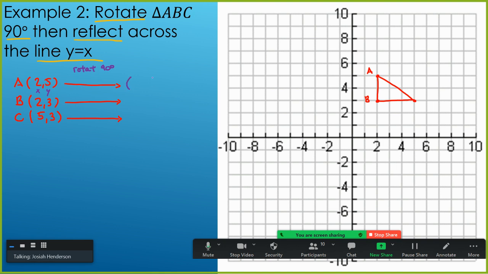But they flip, and the first location gets negated. So it's going to flip to 5, 2, and that first spot is negated. Negative 5, 2. Negative 5, so that's over here, counting from the origin to negative 5 on x and then up 2. So there's the new A prime.